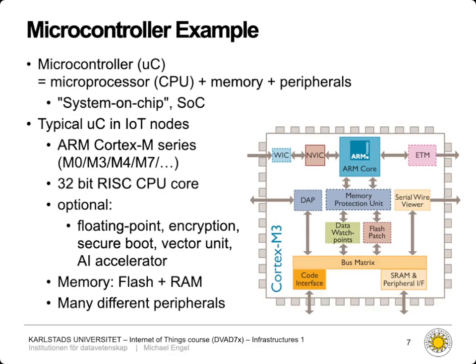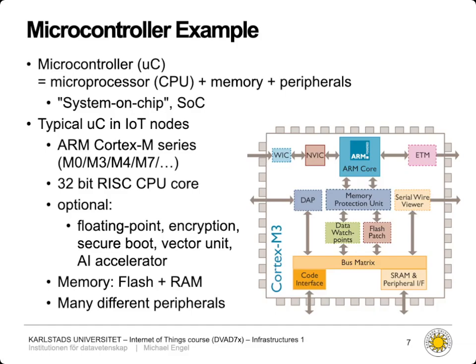So the microcontroller as a central part, just to make clear what a microcontroller is. A microcontroller is essentially an integration of a number of components. So first, it contains a microprocessor. So in the diagram here, the blue thing called the ARM core, and a number of components around it. So there's memory. So we have already seen we have flash memory, non-volatile memory, and we also have RAM on that same chip.